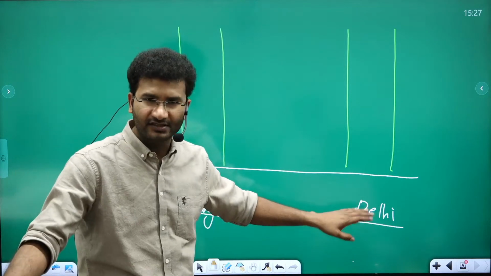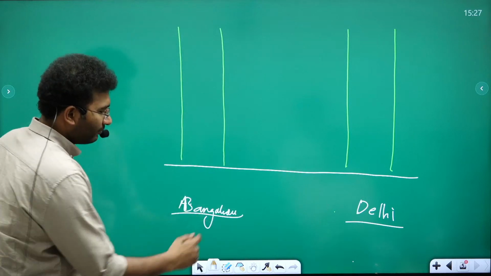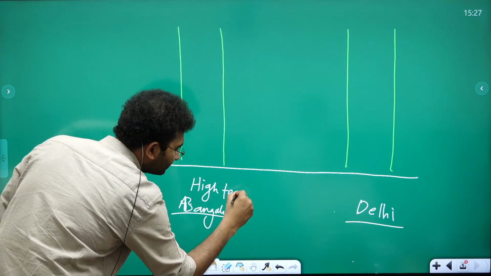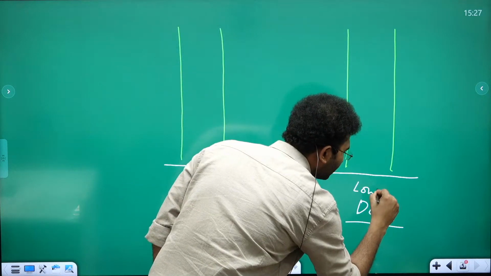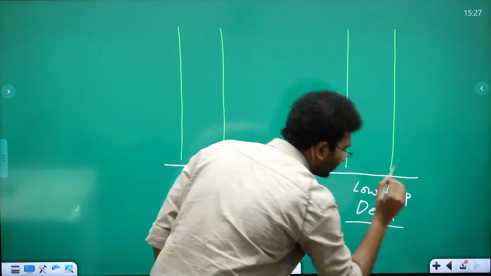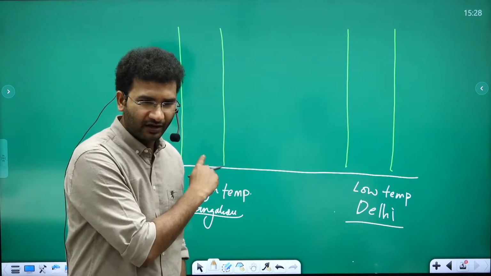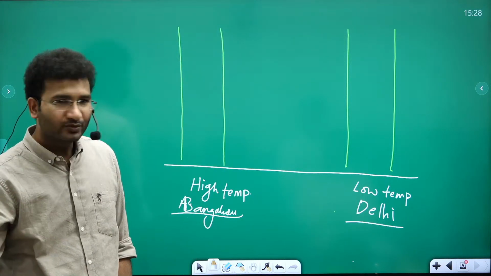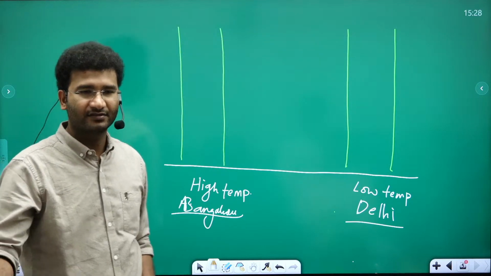I'm giving different places, but in reality it won't move like that, right? Now imagine Bangalore has very high temperature and Delhi comparatively has low temperature, right? Now we are trying to understand the movement of wind, how this will move. You say Delhi to Bangalore, but what about the upper surface?